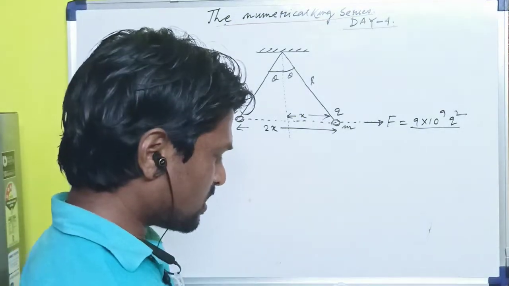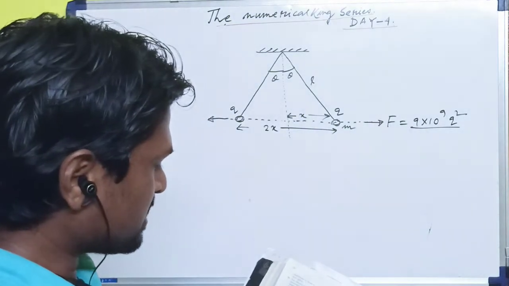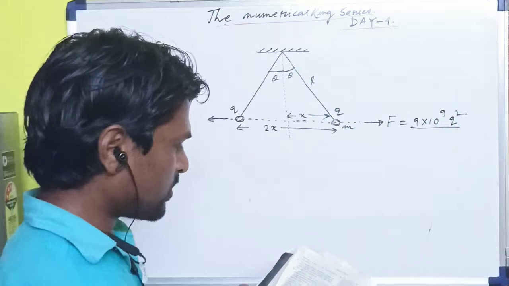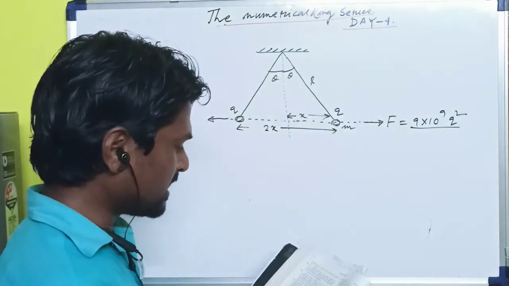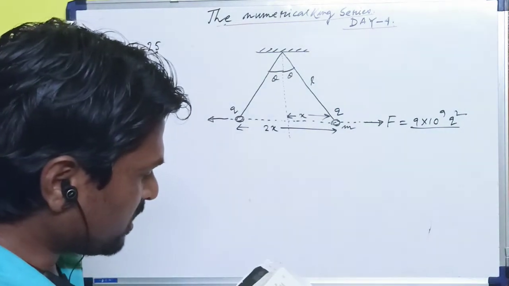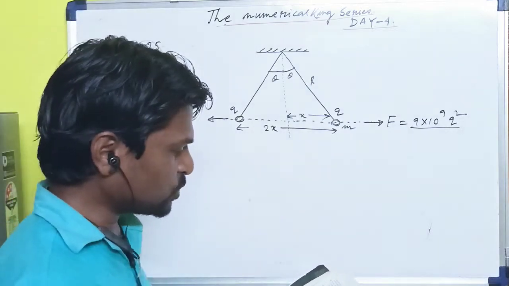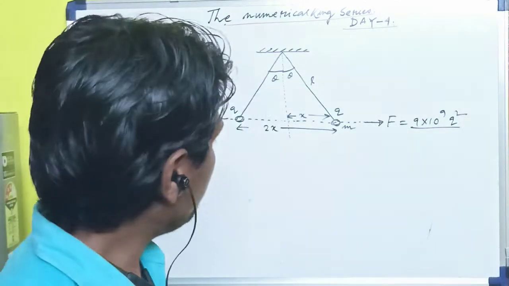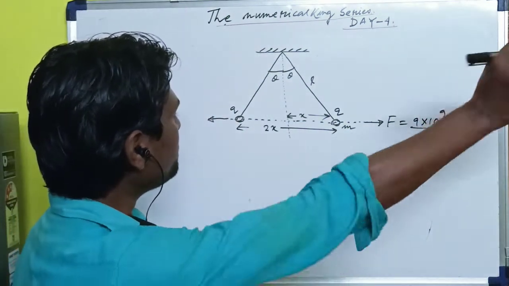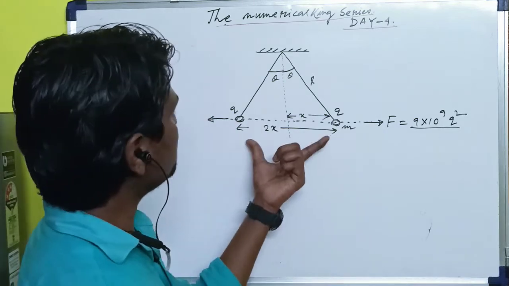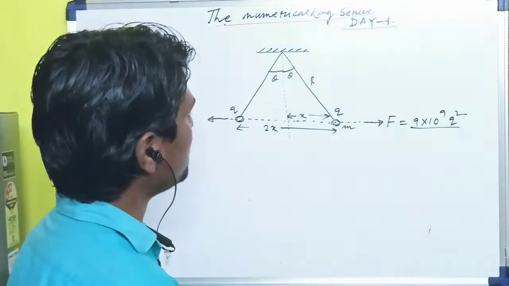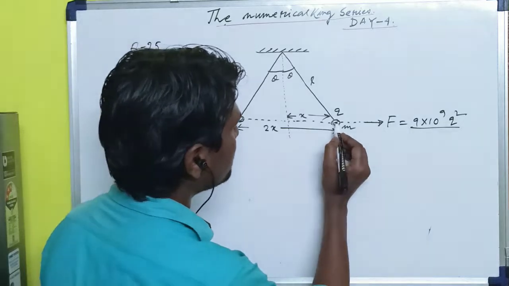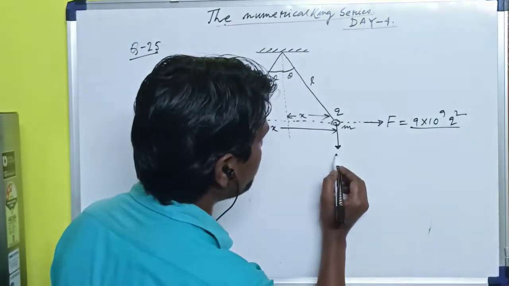Two identical pith balls, each carrying a charge q, are suspended from a common point by two strings of equal length L. Find the mass of each ball if the angle between the strings is 2 theta in equilibrium. So in equilibrium, this charge repels this charge with a particular force, and there is mg.